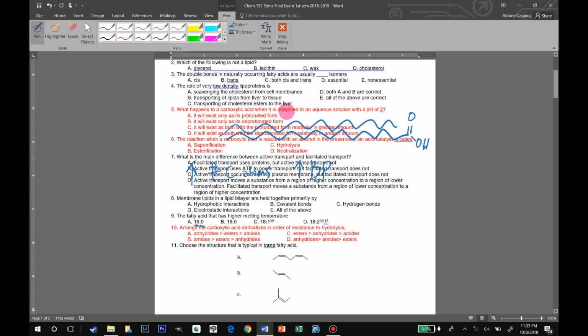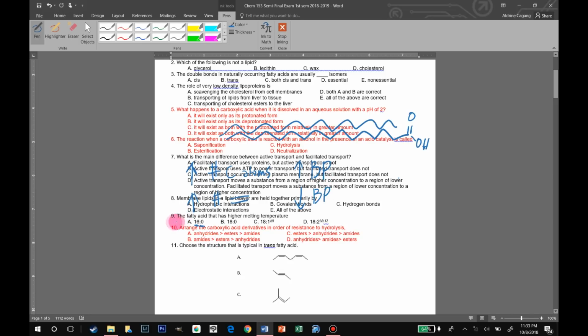So the longer the chain is, the more interactions there are. And then the boiling point is going to decrease with the number of double bonds. So if you have a higher number of double bonds, that's going to decrease the boiling point.